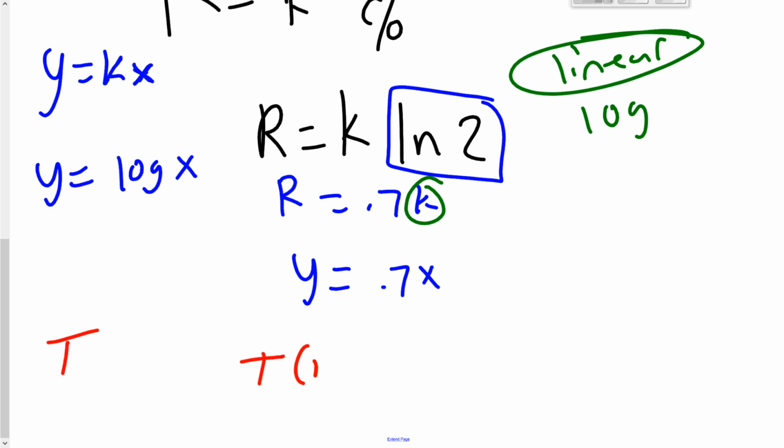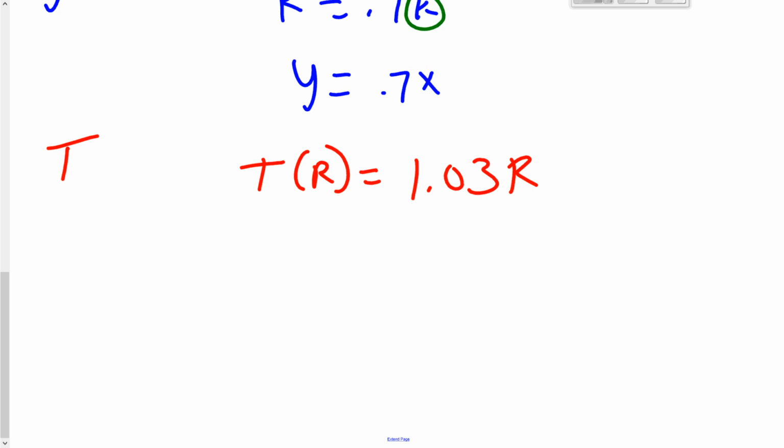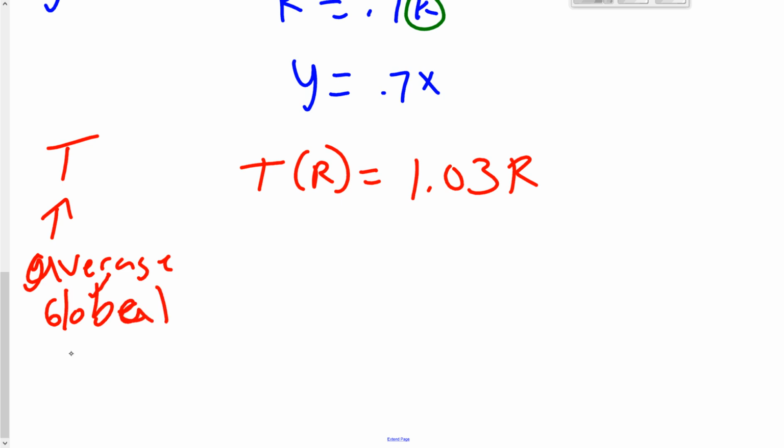And T of R is 1.03 R. Okay, so we're trying to get our T, which is our average global temperature increase.